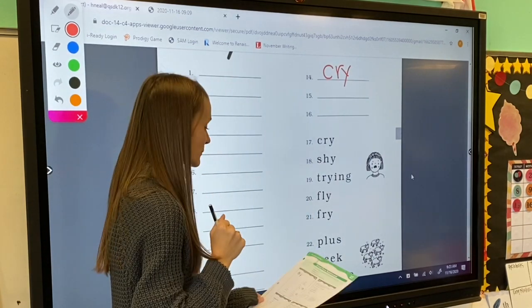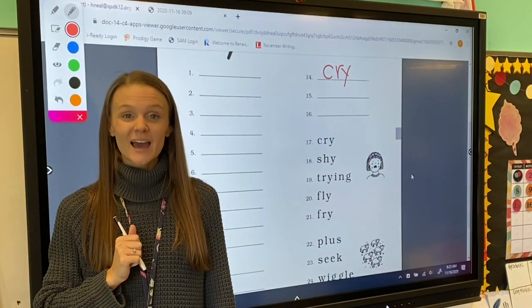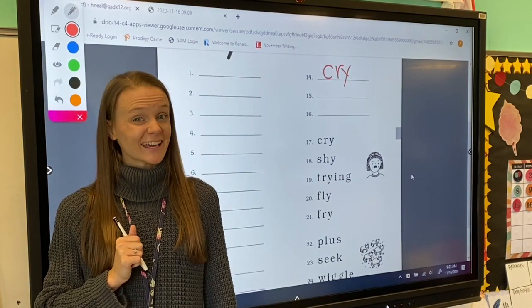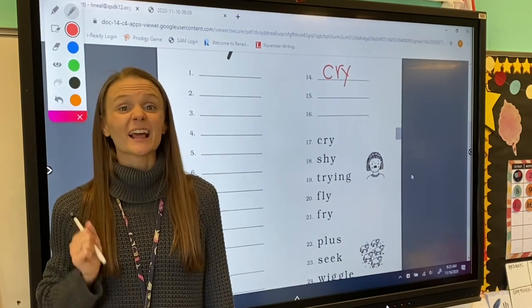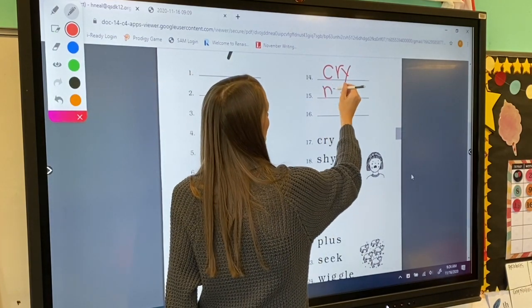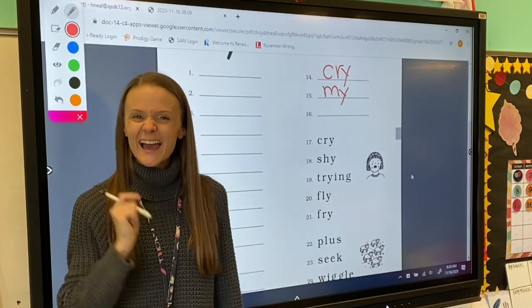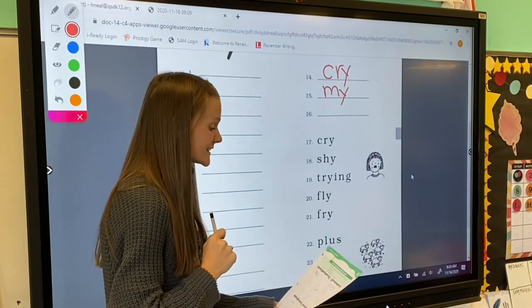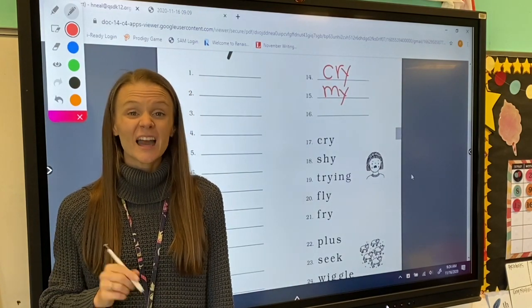Excellent. For number 15, we're going to spell the word my. My. Again, we hear that I sound at the end of the word. We're using letter Y. So for my, we write M-Y. My. Excellent.